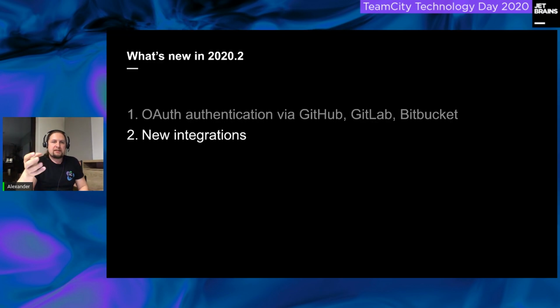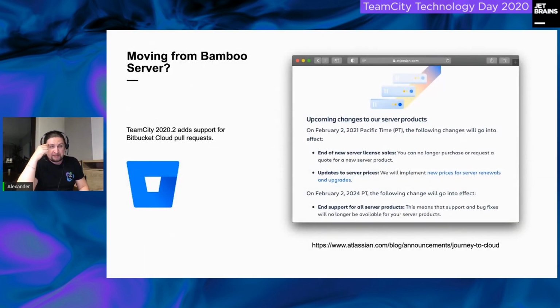Next, let's take a look at new integrations. As you probably heard, Atlassian recently announced the retirement of Bamboo Server. And we see that a lot of developers started to look out for other on-premise solutions that can work with Bitbucket or Bitbucket Cloud. TeamCity has been supporting Bitbucket for a really long time already.